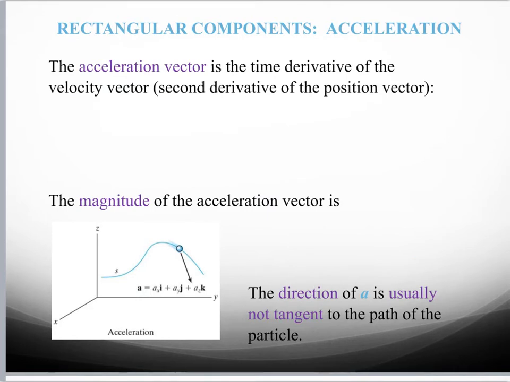The acceleration vector, of course, is the derivative of velocity with respect to time. And so we could write it as dvx/dt in the i-hat direction, the derivative of vy with respect to time in the y direction, and the derivative of vz in the z direction.